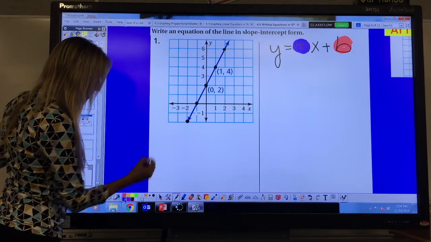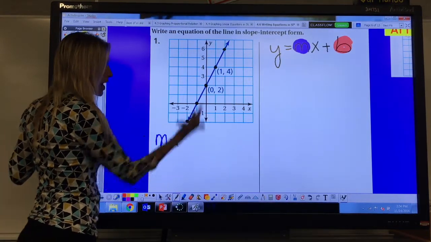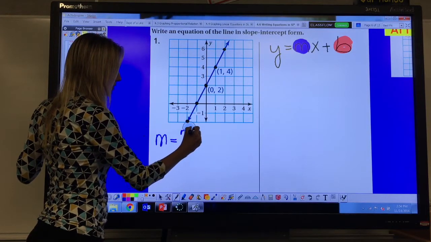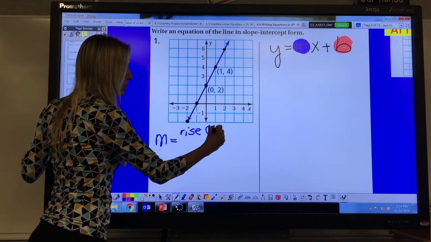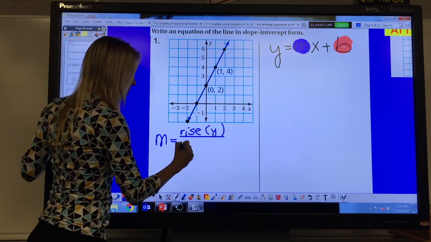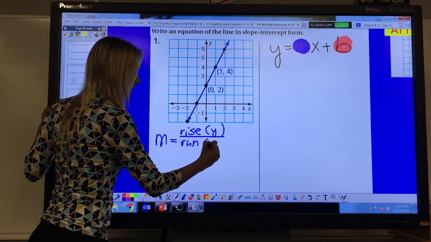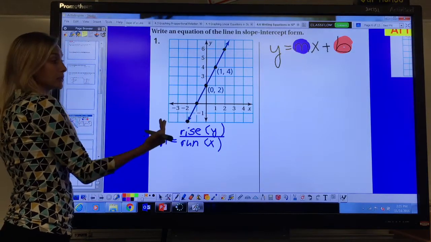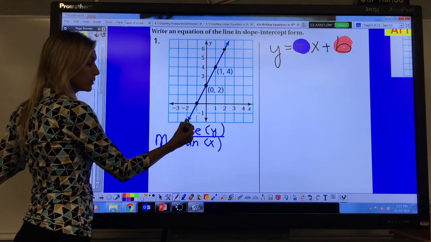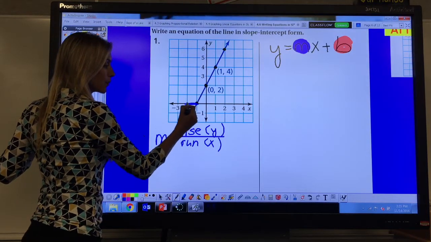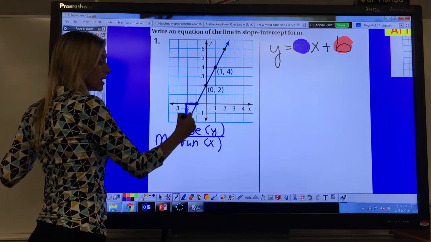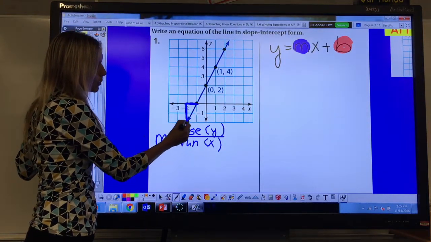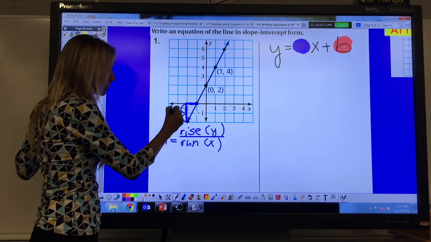So my m says rise over run, always to the right. Rise, which is my y-axis, over run, which is the x-axis. And I usually say pick the point that is the most to the left, right? So I'm going to go from here. Rise over run, from one point to the next. I am creating my triangles. So my rise is how many units? 1, 2.